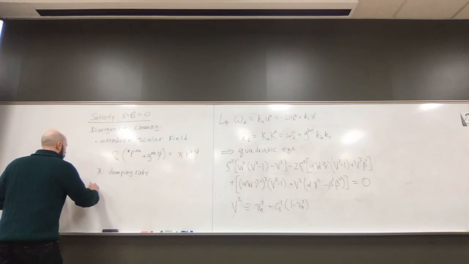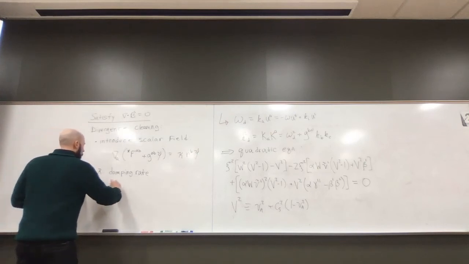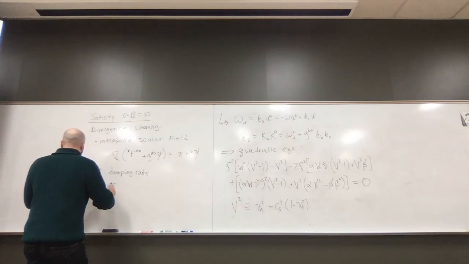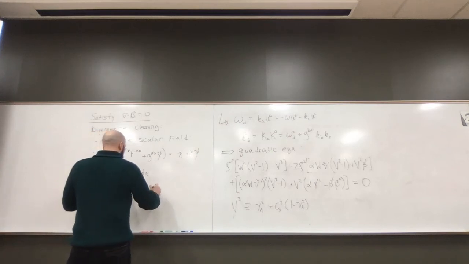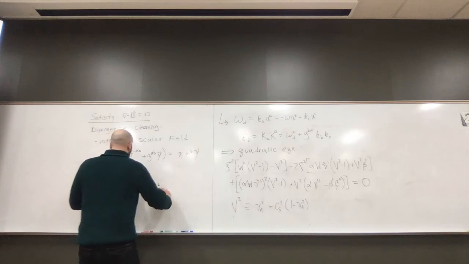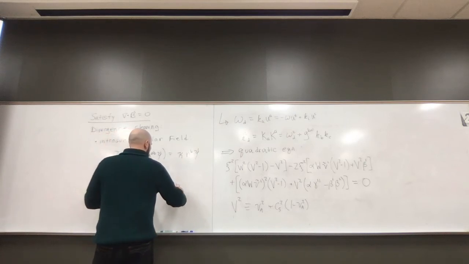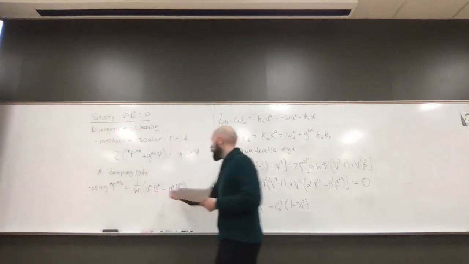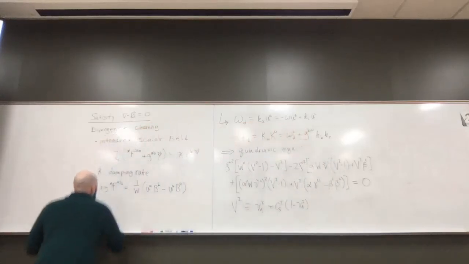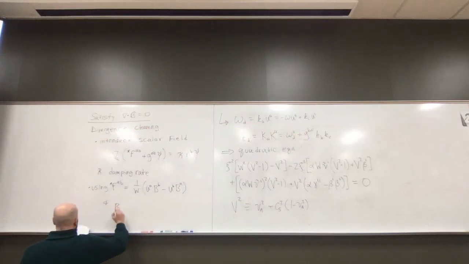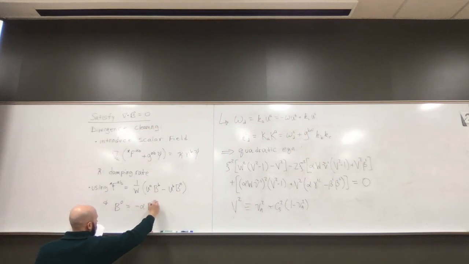So now, using F star^{AB} is equal to 1 over W, the Lorentz factor, times u^A B^B minus u^B B^A. Those are the spatial magnetic fields, non-curly B. And B^0, non-curly, is equal to minus the lapse times the 0,0 component of the Faraday tensor.